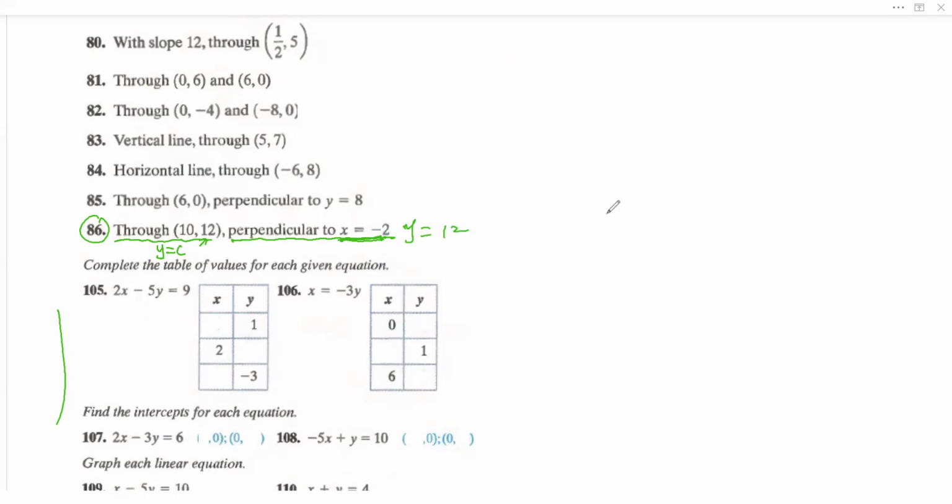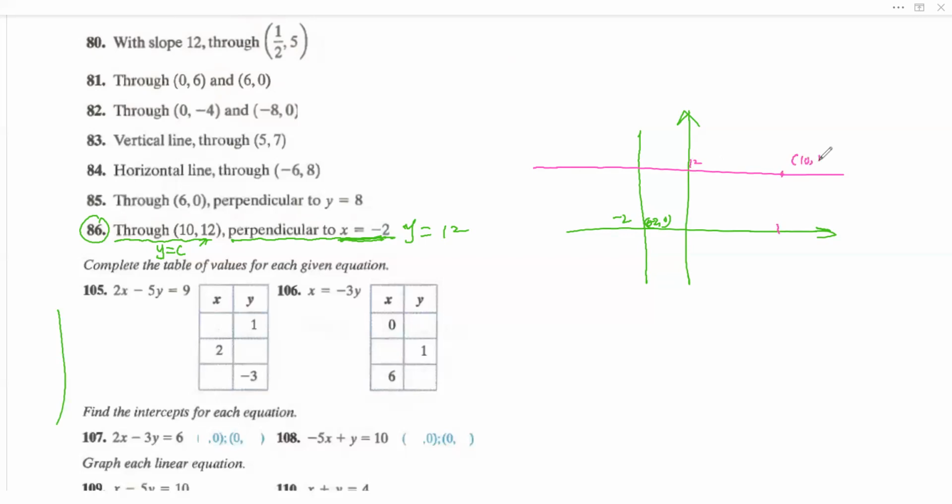You can do it like this, graphing this way. x equals negative 2 is right here. So they are perpendicular to this vertical line, which will be a horizontal line. They pass 10, 12. So it will be y equals 12. Right. So that's what we got.